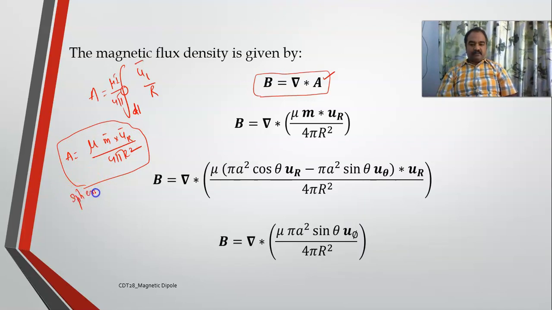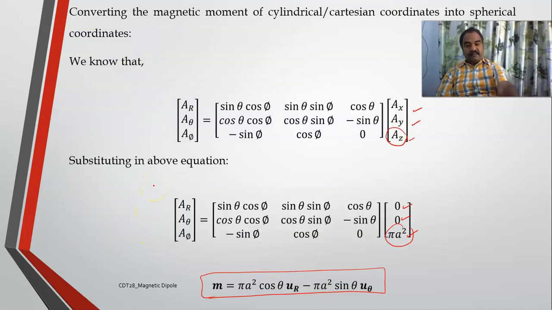Here u r is already in spherical coordinates. M was the magnetic dipole moment, equal to pi a square into az. I have taken it in the z direction, so I need to convert this into spherical coordinates again. That's what we tried in the last slide, where I had only the pi a square z component. So I'm converting xyz into the spherical system, and this was the equation which I got.